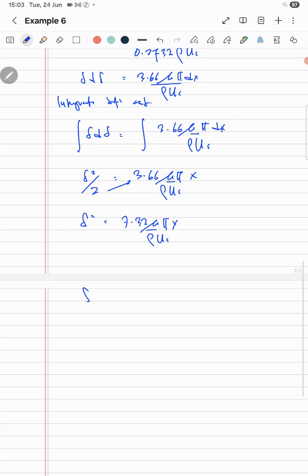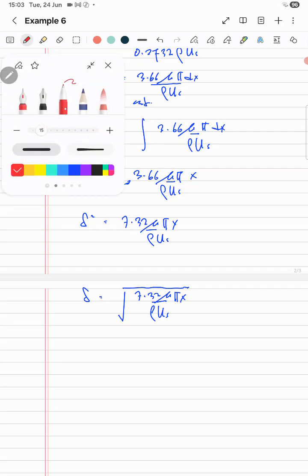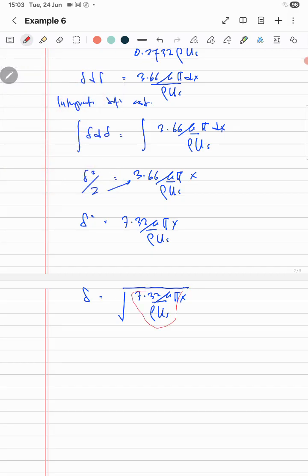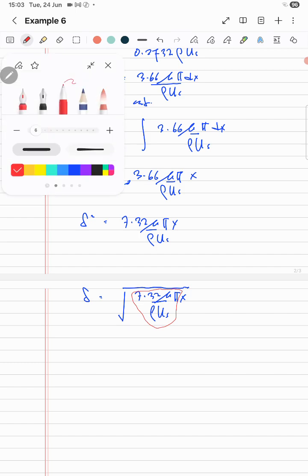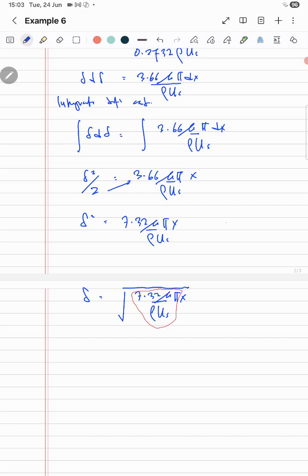So delta is equal to the square root of 7.32 mu pi x over rho us. From here we can see that this part is constant because we have all the values for it. So we can simplify.